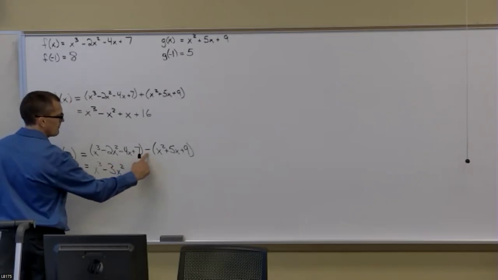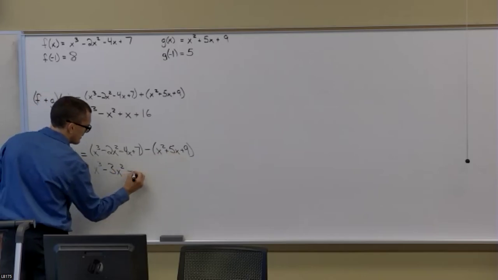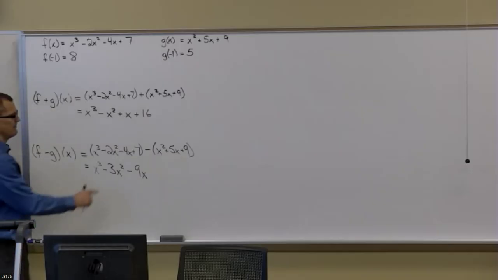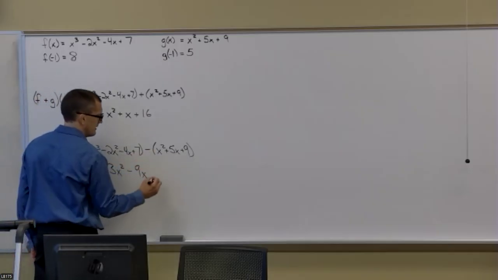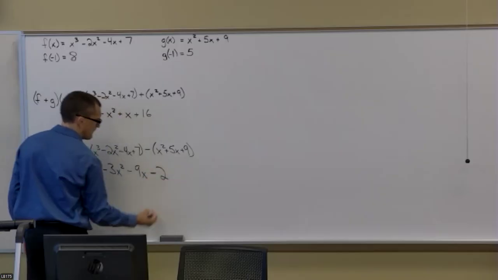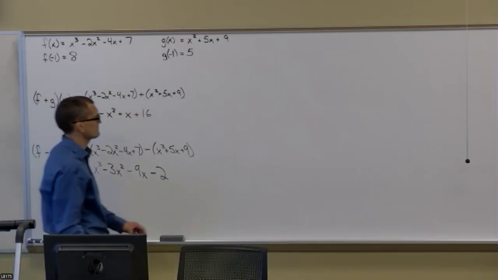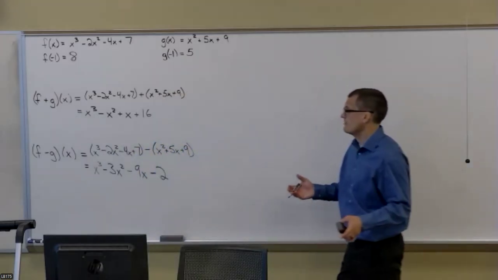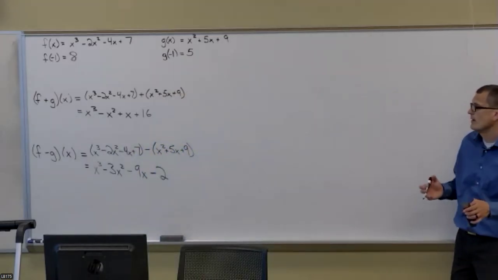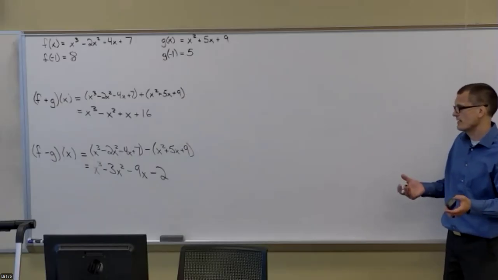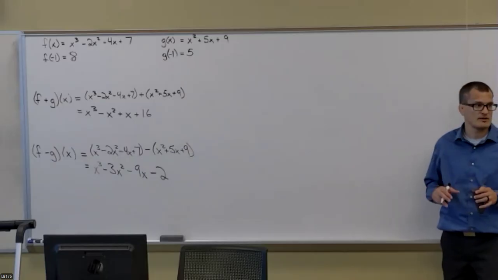Minus 4x minus 5x is minus 9x. And then 7 minus 9 becomes a -2. Again, if you wanted to, plug in -1, see that you get out a 3. If you do, you're probably on the right track.